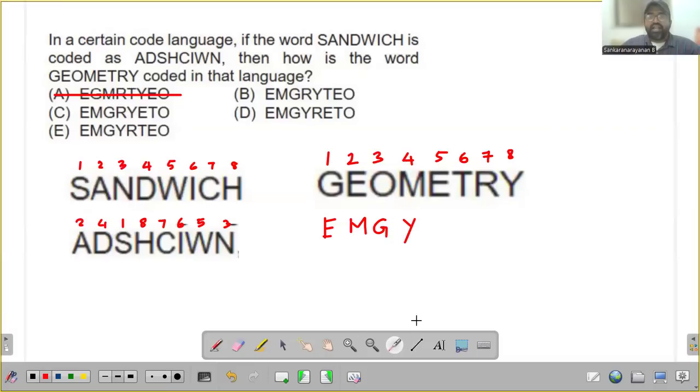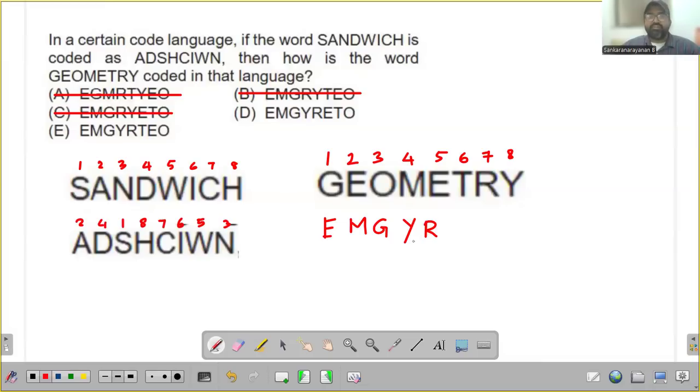Okay. And this helps me to eliminate option B and option C. Okay. Fine. And then the next letter when I am considering, you can see that it should be the seventh one, that is R. But R is common in both these remaining options, D and E. Okay. And then comes what?